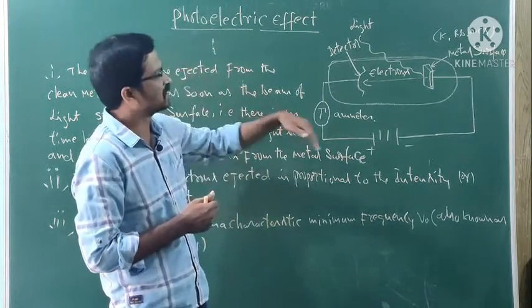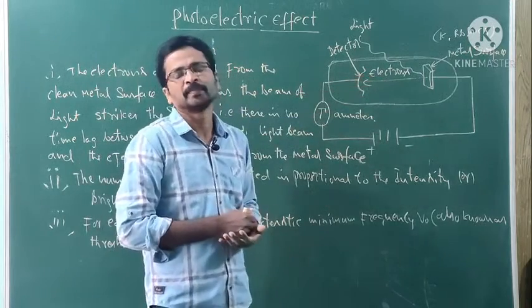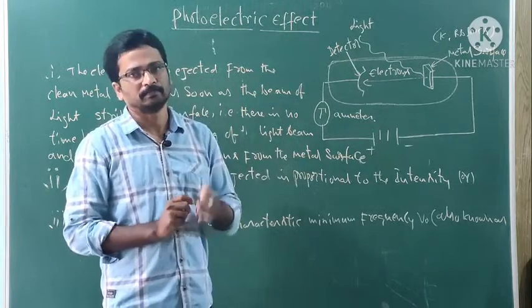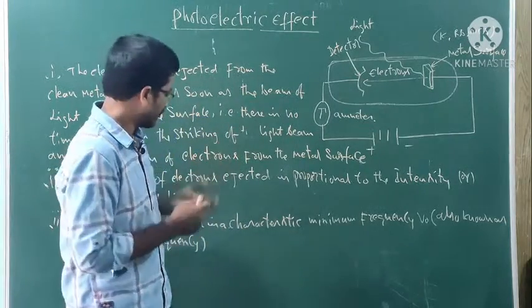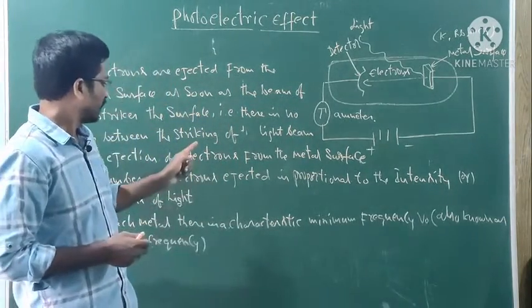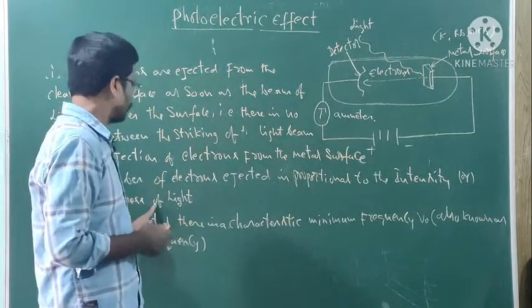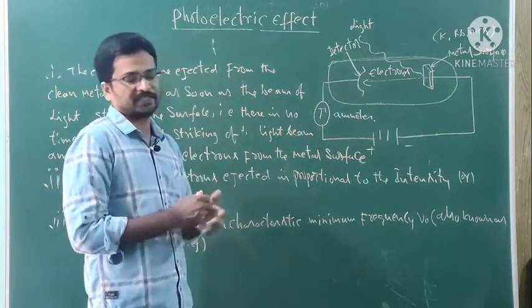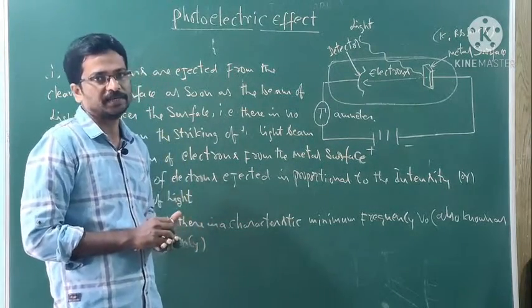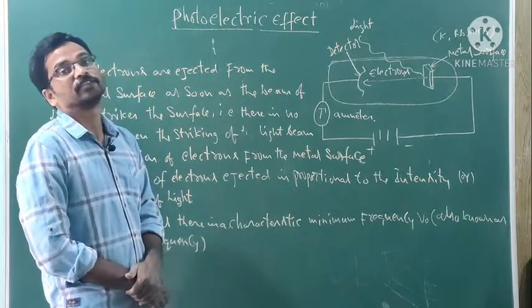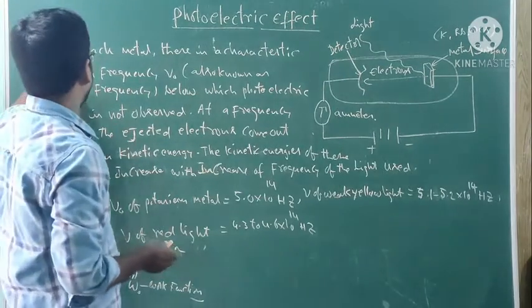If light of more brightness is projected on the metal surface, it can eject more electrons, which is stated as: the number of electrons ejected is proportional to the intensity or brightness of the light. This is the second point. Next, the third point. What does the third point focus on?